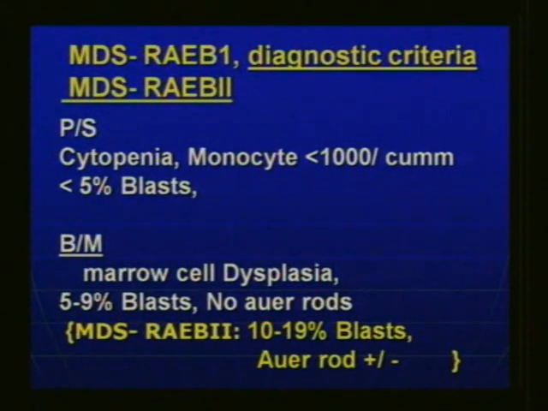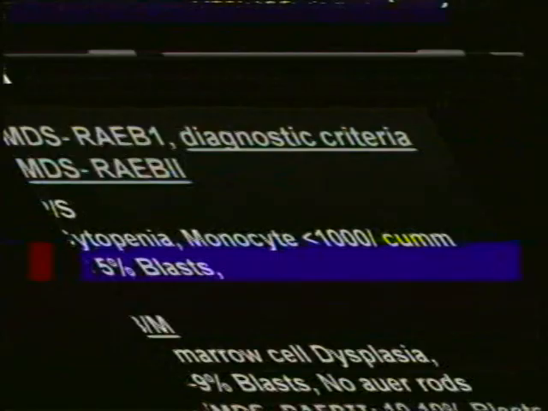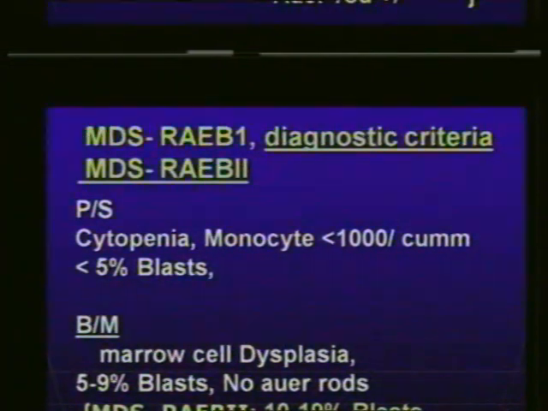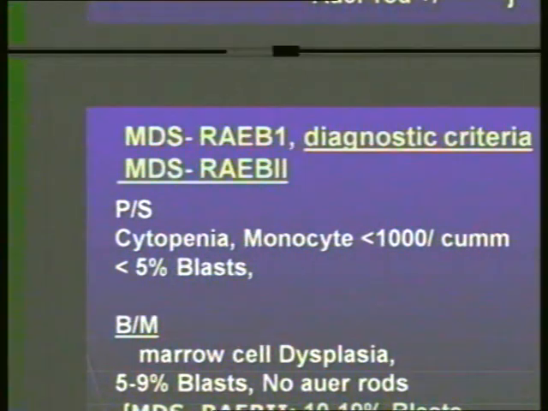Another subcategory is the MDS RAB1 and RAB2. In this subcategory, the important thing is the number of blasts. Here the blast number has increased in the bone marrow to more than 5%. If it is 5 to 9%, it is RAB1. If it is 10 to 19%, it is RAB2.